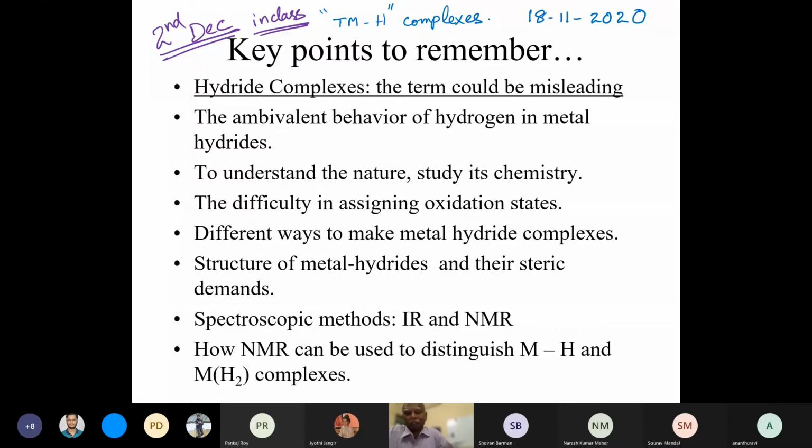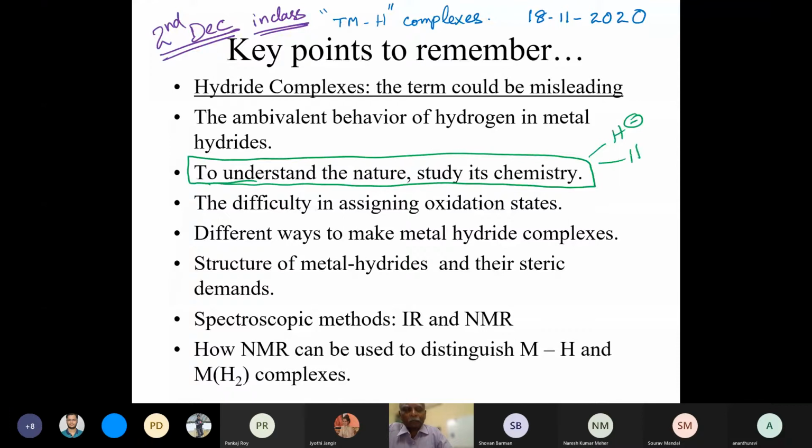So to understand the nature, you really have to study the chemistry of the complex in order to know whether it is going to behave like H minus or H plus. That question is something that you will know only depending on the solution in which it is present and the environment basically, and the environment within the metal complex itself, the coordination sphere, and the solvent system that you're going to use.